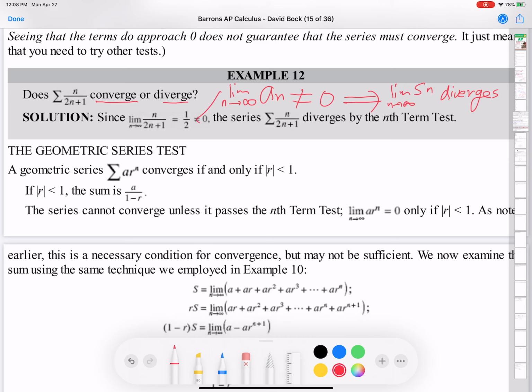What if the limit of an as n approaches infinity is 0? Then the limit of Sn, the infinite series, is possible. It can diverge or converge.